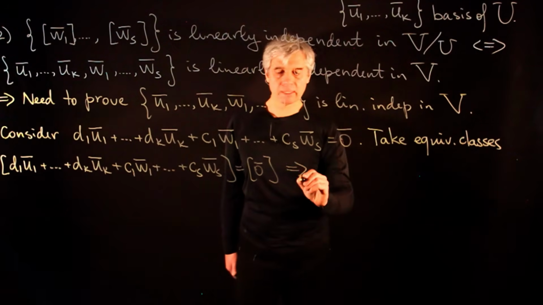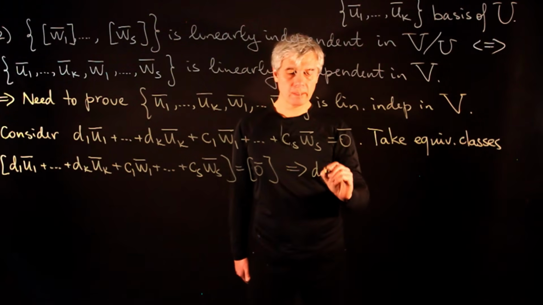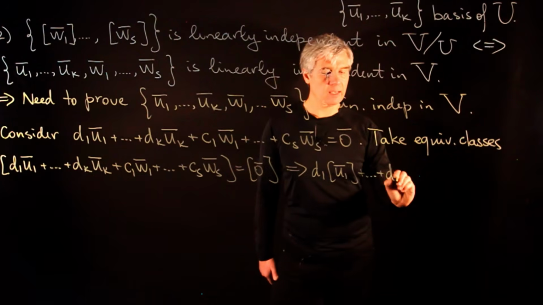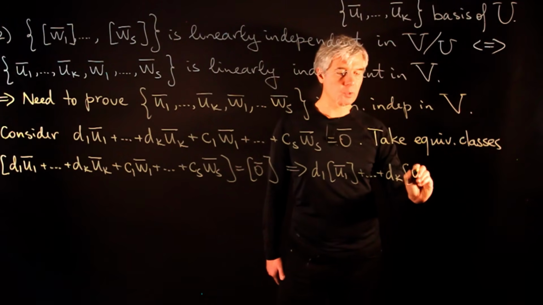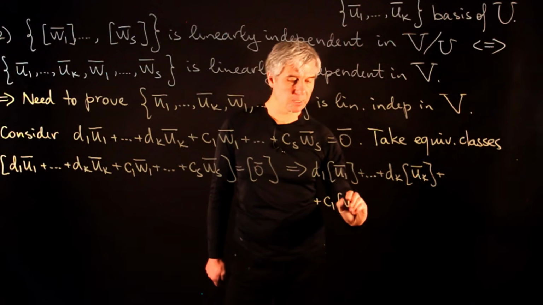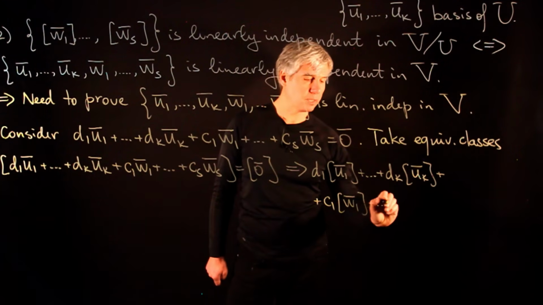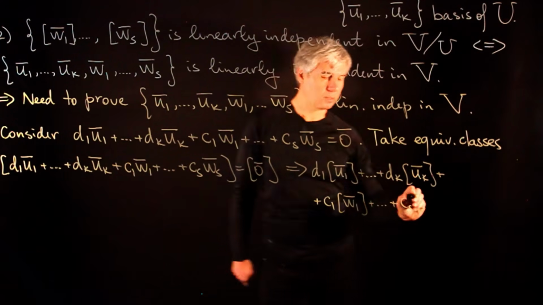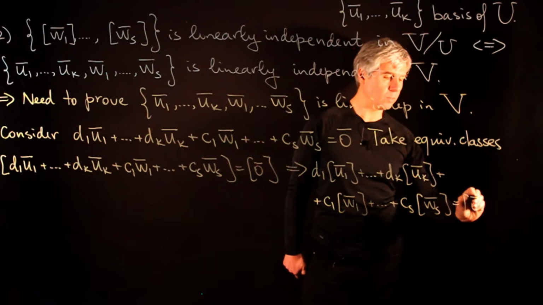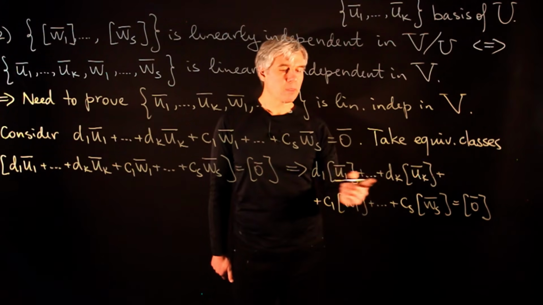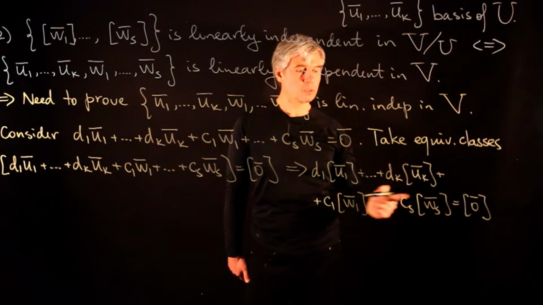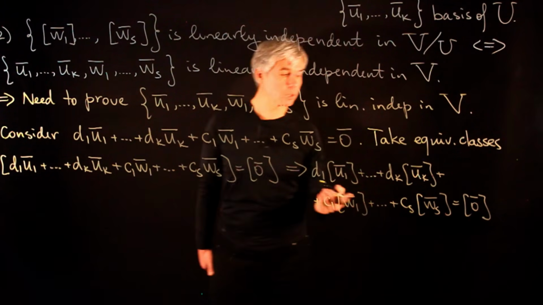And this tells us that D1 times the equivalence class of U1 plus ... plus Dk times the equivalence class of Uk plus C1 times the equivalence class of W1 plus ... plus Cs times the equivalence class of Ws is equal to the equivalence class of 0. But here, the first k vectors form a basis of U, and so this means that their equivalence classes are all 0.